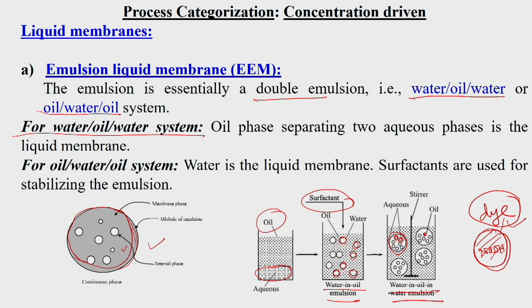So, due to this concentration gradient, the dye will enter through this emulsion, and then it will react with sodium hydroxide and be trapped here. So the dye is separated from the aqueous solution into the emulsion, and the globule becomes bigger in size due to the entrapment of these dyes.